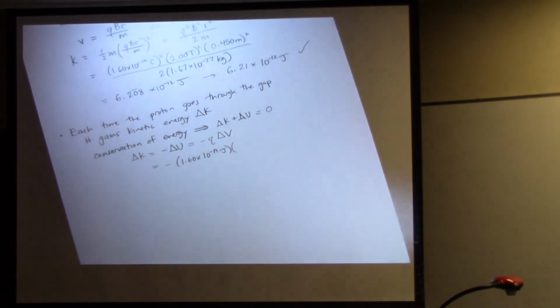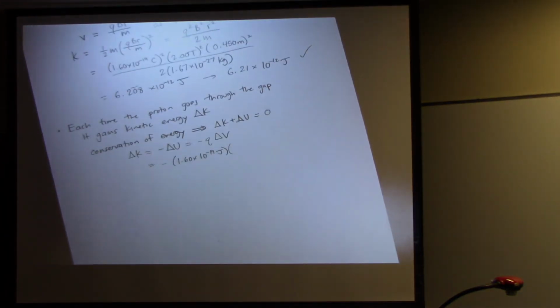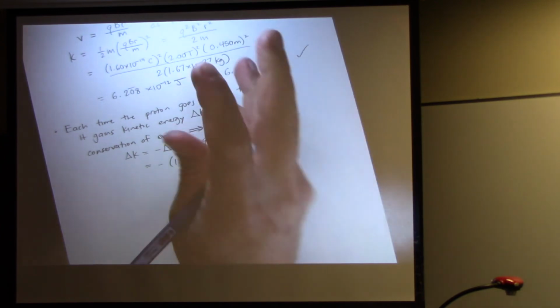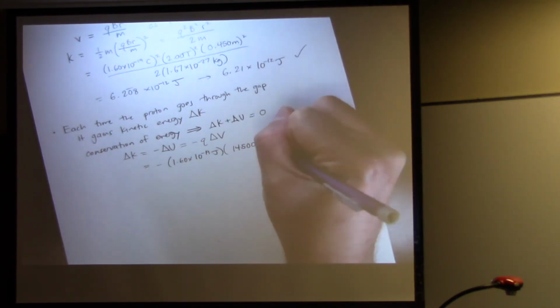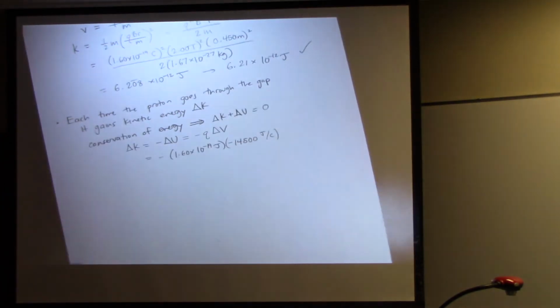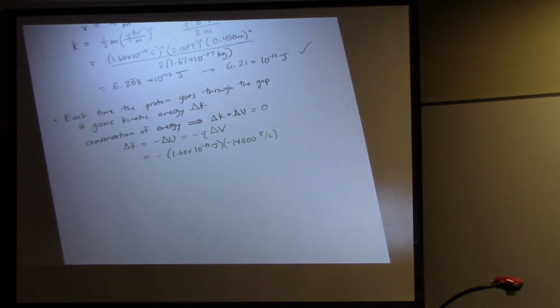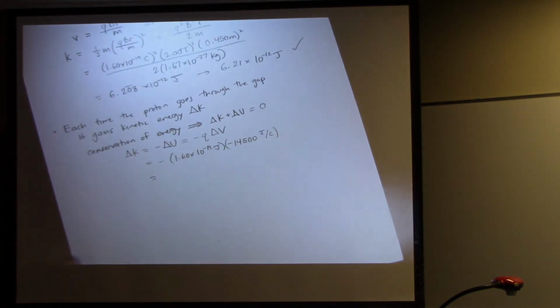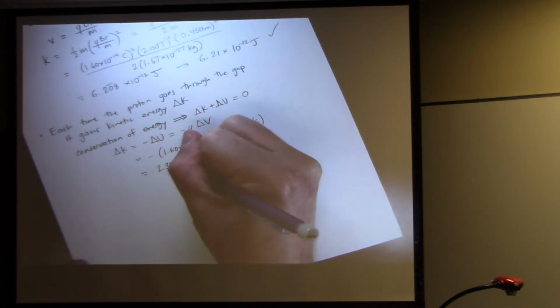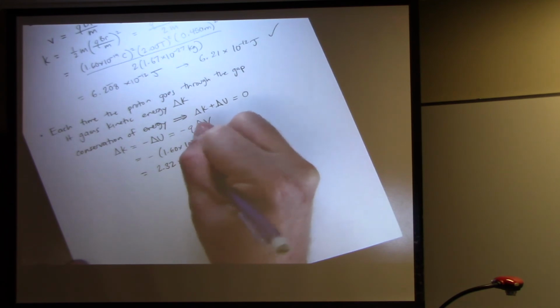The delta V is the potential difference in the gap, which we were told is 14,500 volts, and a volt is a joule per coulomb. Strictly speaking, this has to have a negative sign if we're going to accelerate this thing rather than slow it down. But anyway, delta K is going to be, if you calculate this, 2.32 times 10 to the minus 15 joules.